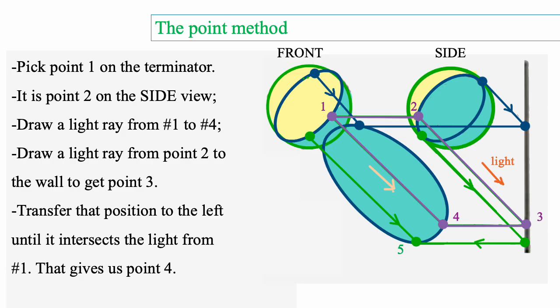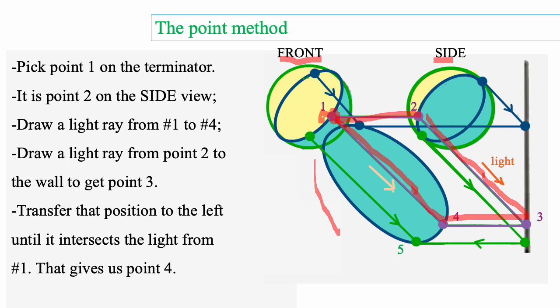This method I call the point method. And we're looking at the front view and the side view, and we're trying to find this shadow. So you start with any point and find its shadow on the side view. Then, in both cases, you draw the light in the same direction. And for the side view, it's going to hit this wall and then bounce horizontally over like that.